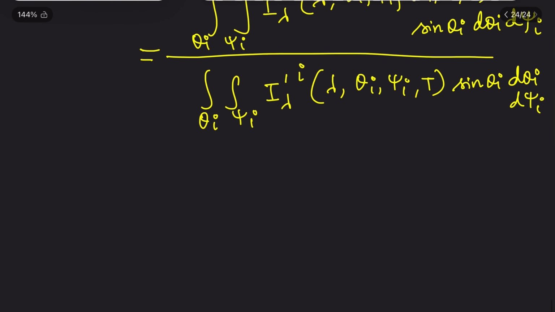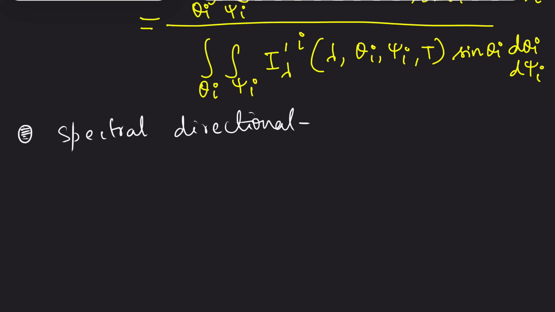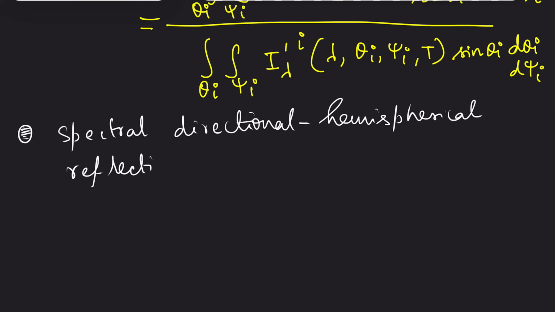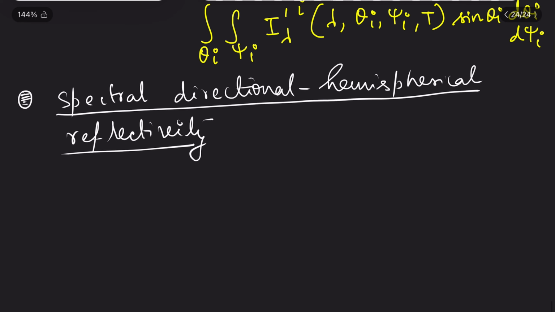Clear? Okay. Now if I write for the other thing, that is my spectral directional hemispherical reflectivity, then what will happen?